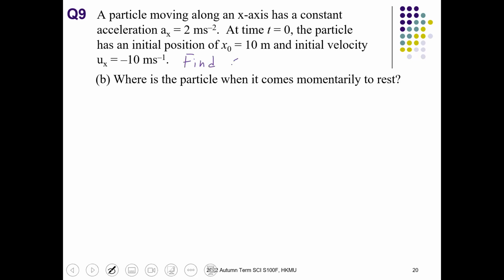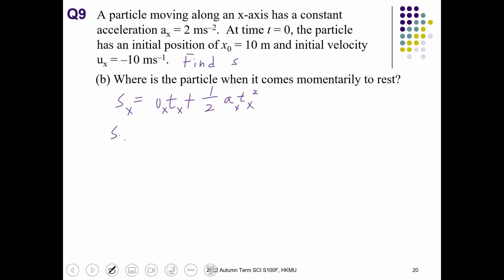Therefore, we're going to find the displacement s. To find the displacement, we can use the equation s equals ut plus half at squared. Again, we can put down the subscript x to denote this is in the x direction.